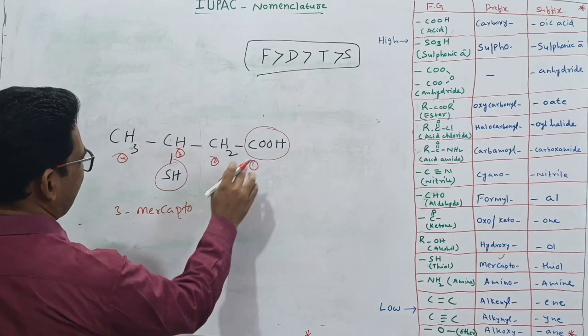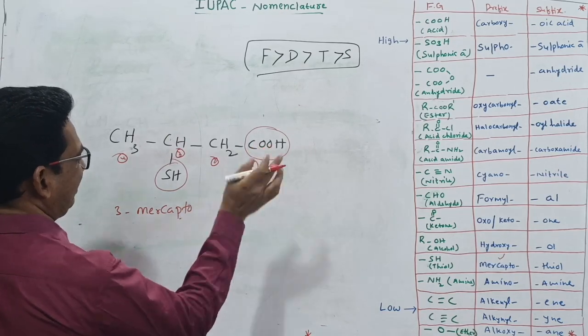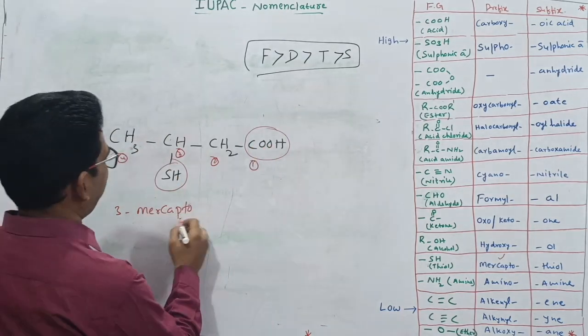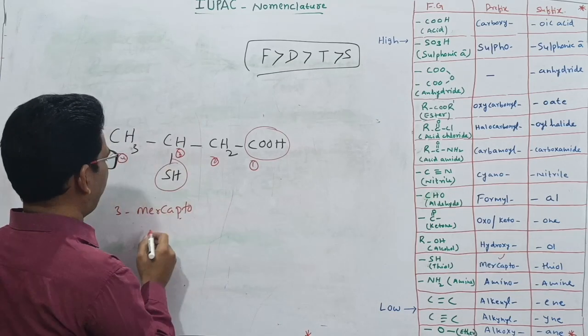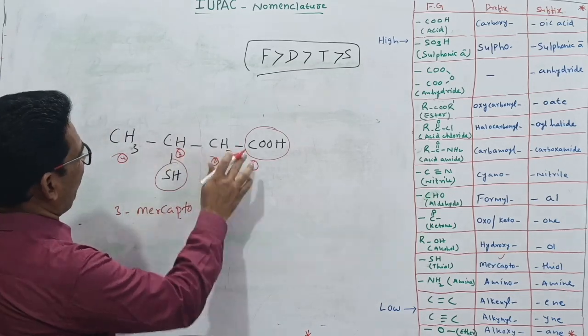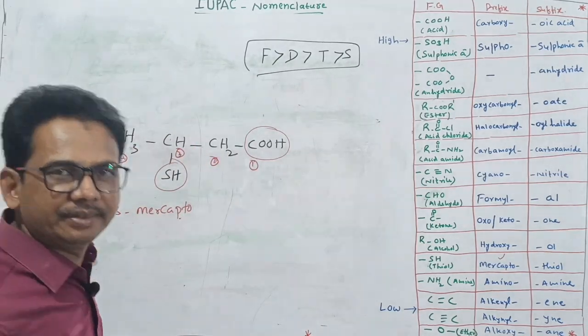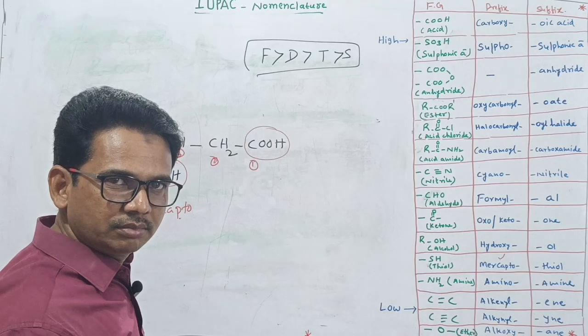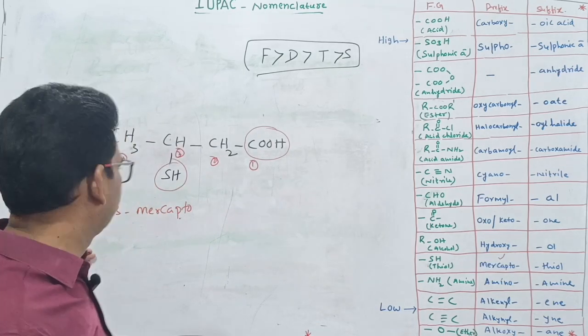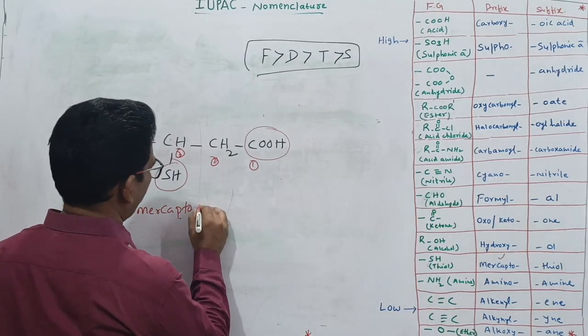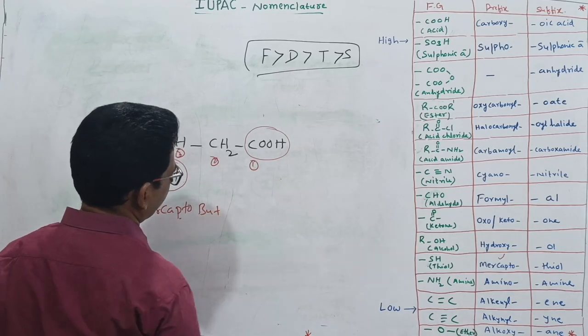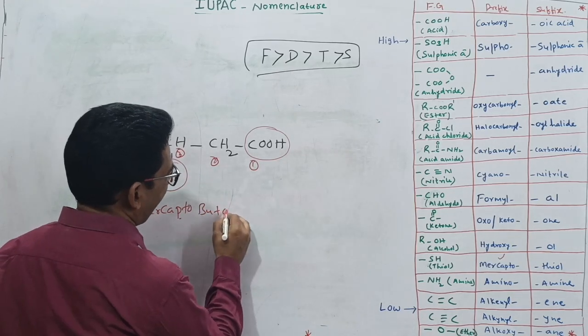Otherwise, no need, because it is the most prior group present at the first position. 3-mercapto. What is the word root? The prefix is over. Then the word root. 1, 2, 3, 4. What will it become? But. 3-mercapto but. N.